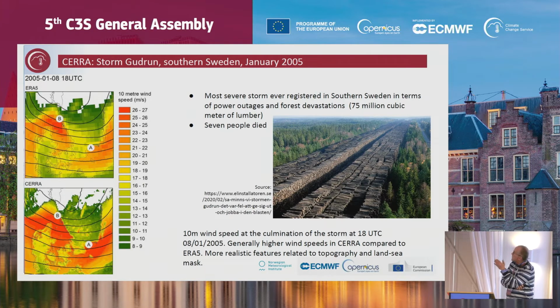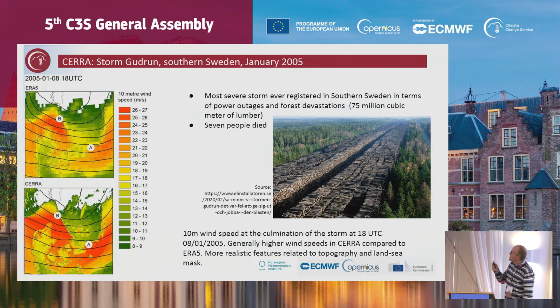To the left here, you see the wind speed at the culmination of the event in ERA5 and in SERA. You see that there are some clear differences between the datasets, maybe in particular over land, but there are also some clear differences in the spatial details over the ocean.